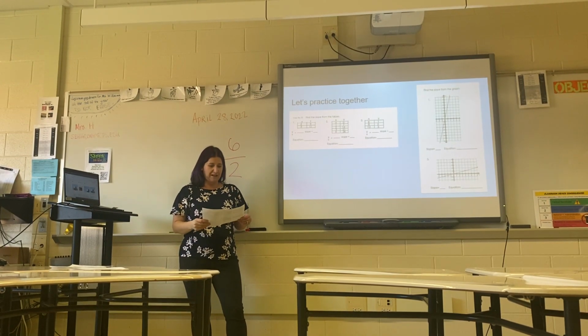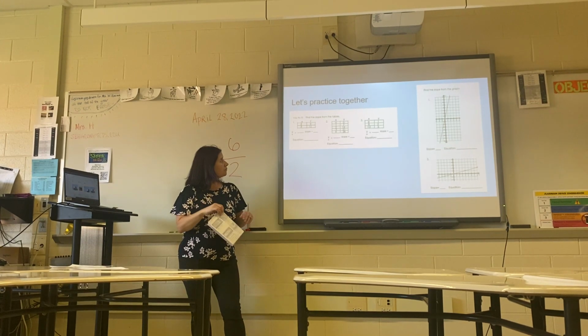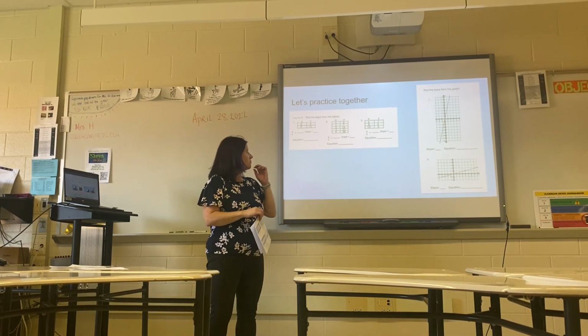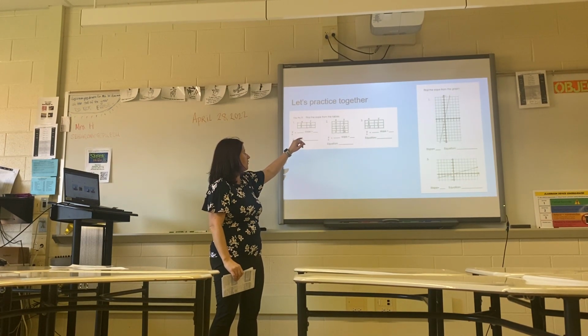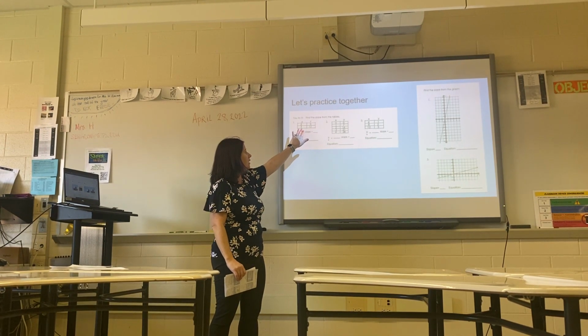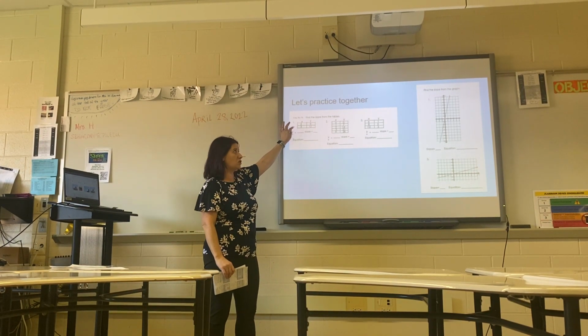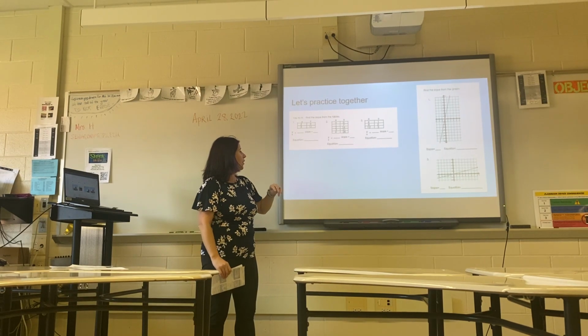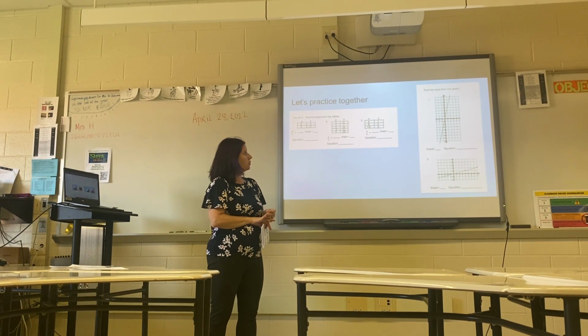So now we're going to do some practice problems together. Our first practice problem is a table, and I'm asking you, if the x is 2 and the y is 8 for 1, and then the x is 3 and the y is 12, what is another proportion and what is the slope?